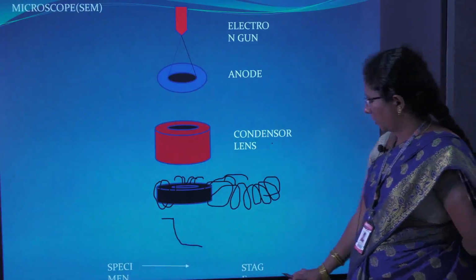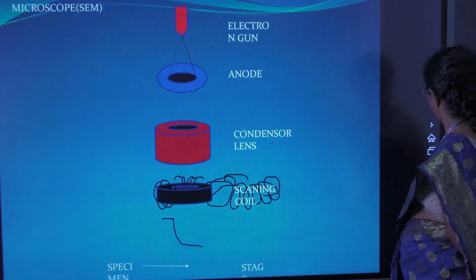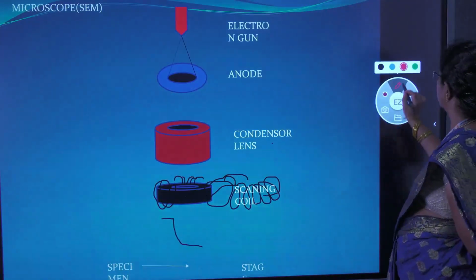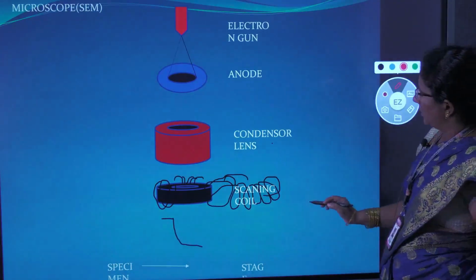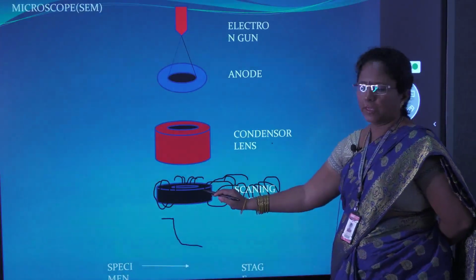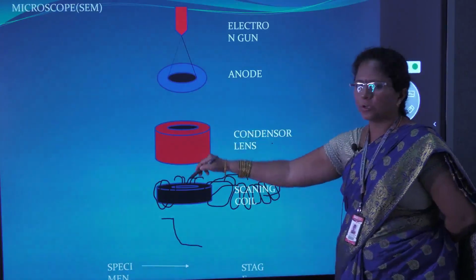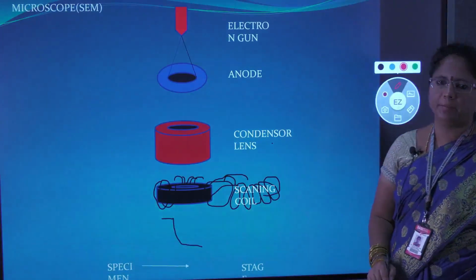Next, this one is called the scanning coil. The scanning coil will be moving in and out so that different sized holes will come into the position of the electron beam.